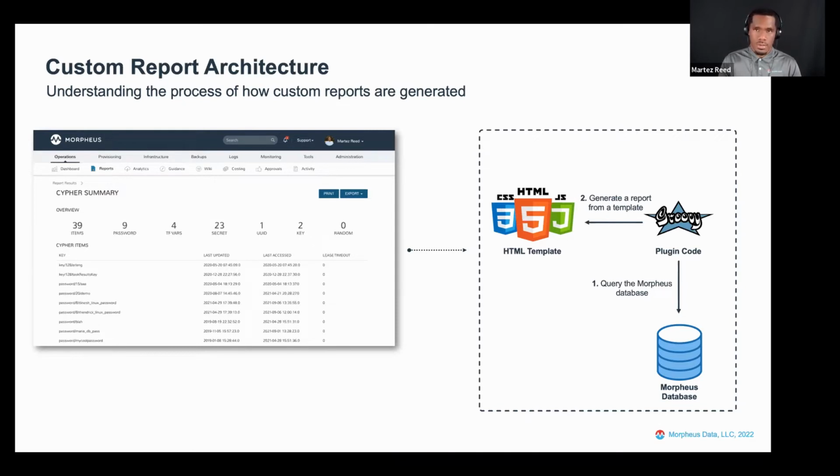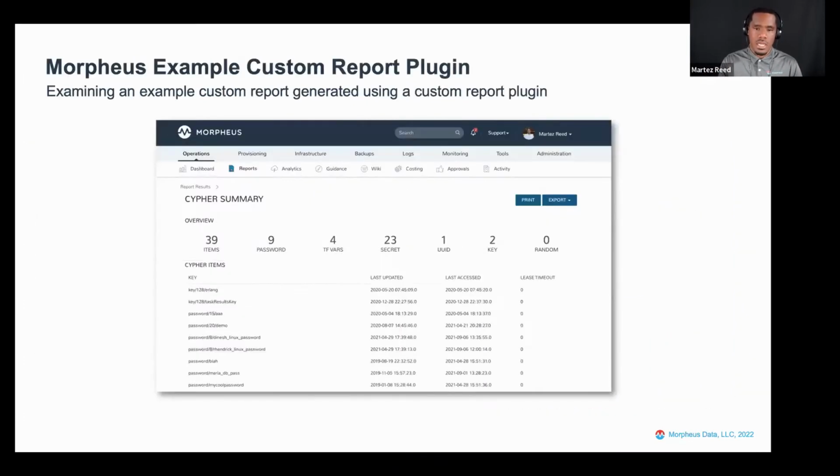It could include, as I mentioned, custom JavaScript as well as custom CSS to fancy up the report or make it a little more visually appealing or a little more robust in terms of the experience that the user sees from the report.